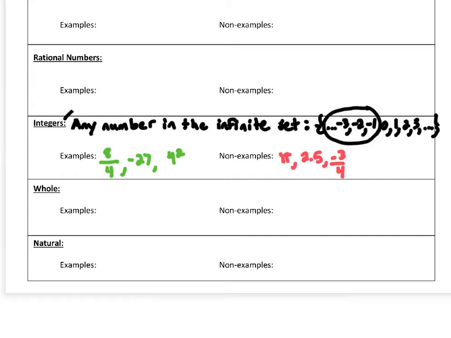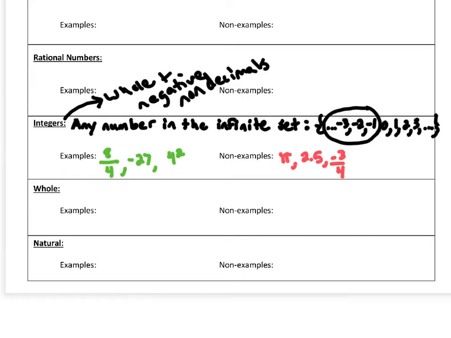So if we want to build a definition for integers based on the previous ones I gave you, we could say that integers are the whole number value set plus negative numbers. And I would say negative non-decimals, because there is a similarity between the first three definitions I've given you, and none of these first three number sets use any decimals.